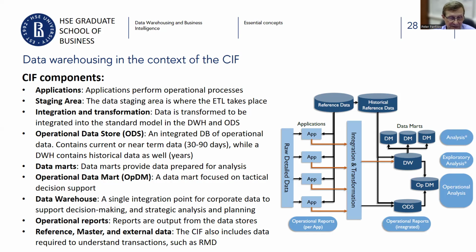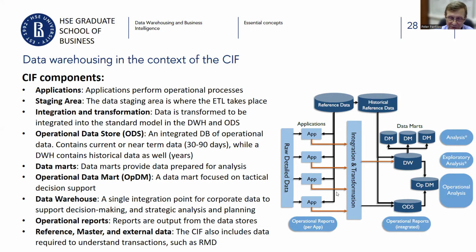And our data warehouse in this case is a single integration point for all corporate data to support decision making, strategic analysis, and strategic planning. So this is the idea. Also on this diagram we have some data flow, as you can see.